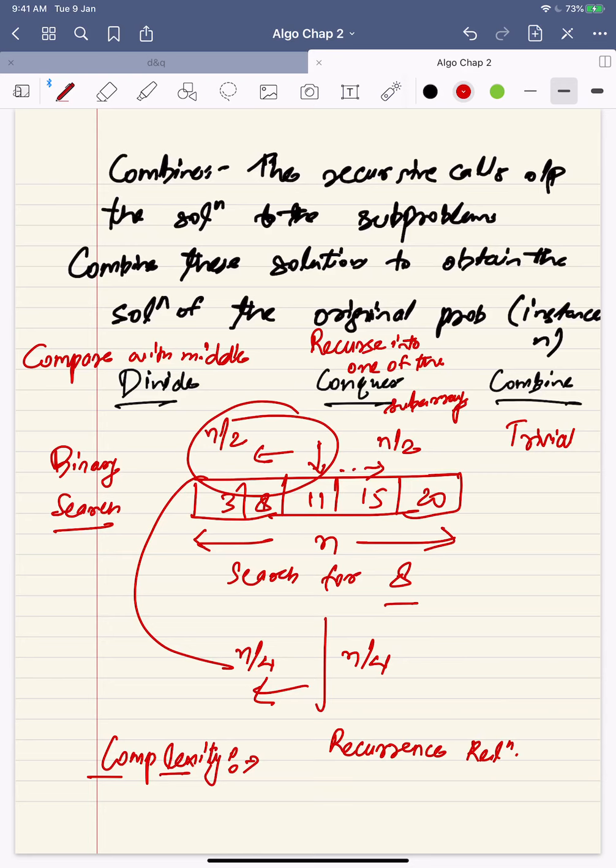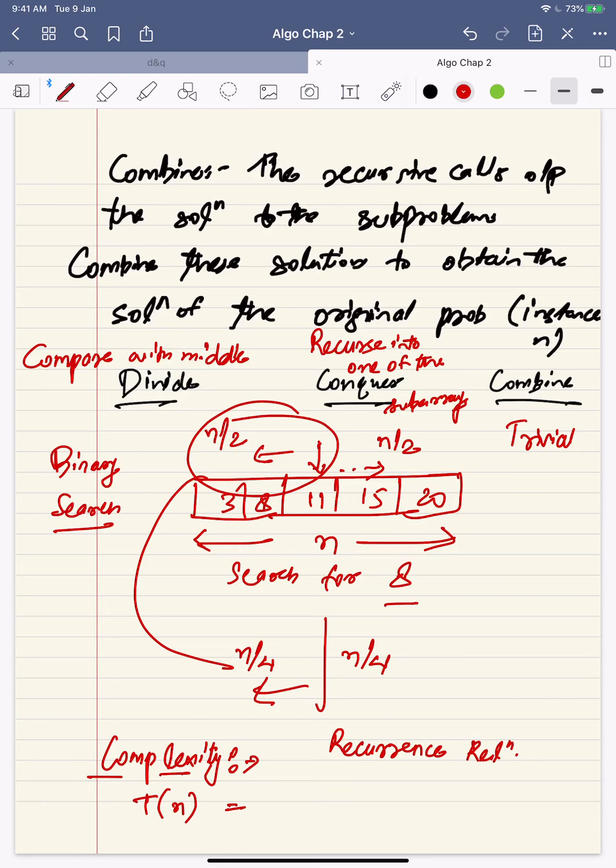So how do you write a recurrence relation? You say what is the complexity for each problem instance of size n. That is T(n). And how do you write it? First of all, you are comparing with the middle element, which is a constant time operation, order 1.